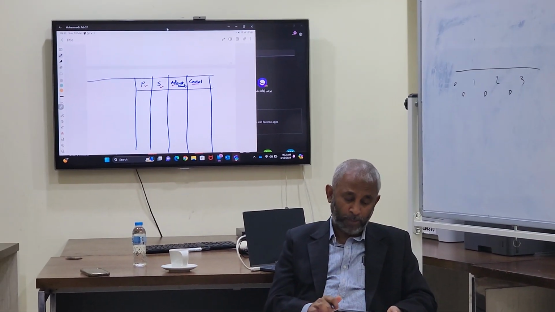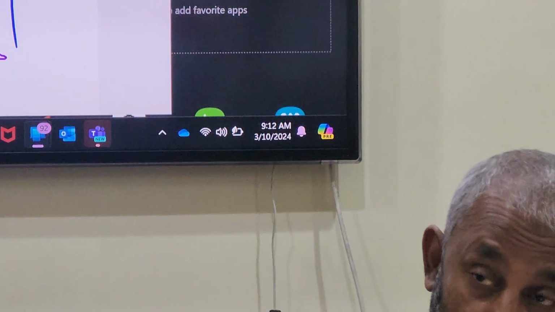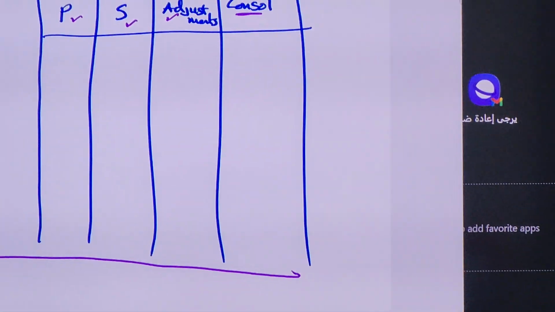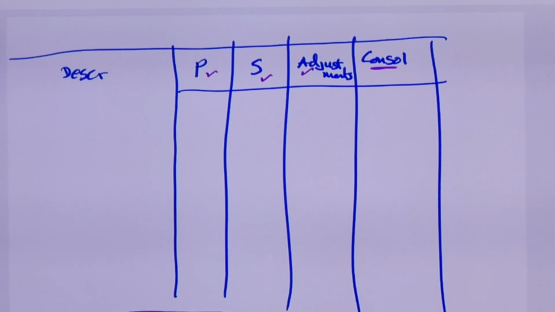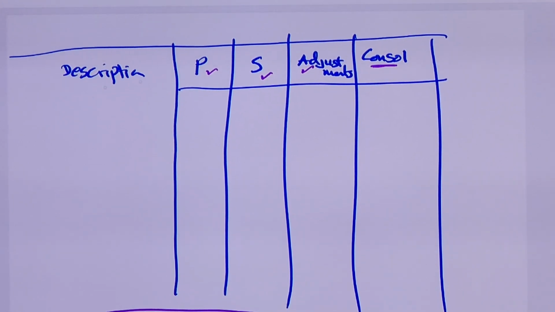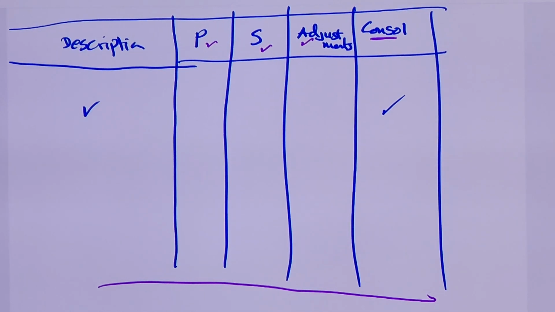Suppose you completed your question and left it at this point, and if you have not reproduced the description column and the consolidated column separately again, you're going to lose 2 marks. So this is from an examination point of view, just for your information. So this is what the basic structure of the format is.